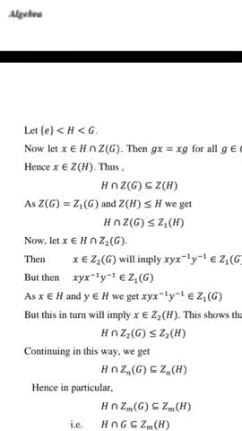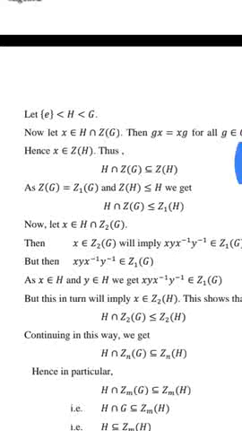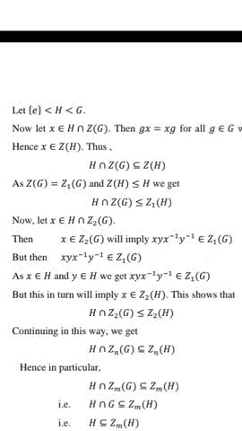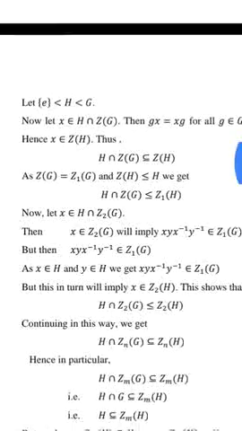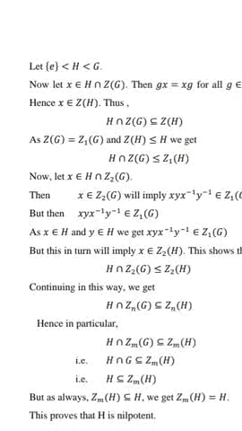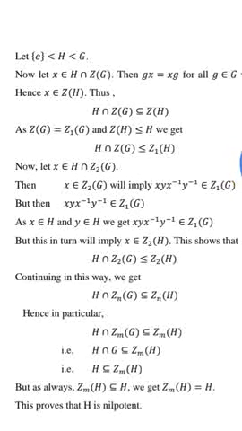Now suppose that x belongs to H intersection Z_2(G). Therefore, x belongs to Z_2(G), which implies that x y x^-1 y^-1 belongs to Z_1(G). But x^-1 y^-1 belongs to Z_1(G) as x belongs to H and y belongs to H. We get x y x^-1 y^-1 belongs to Z_1(G).